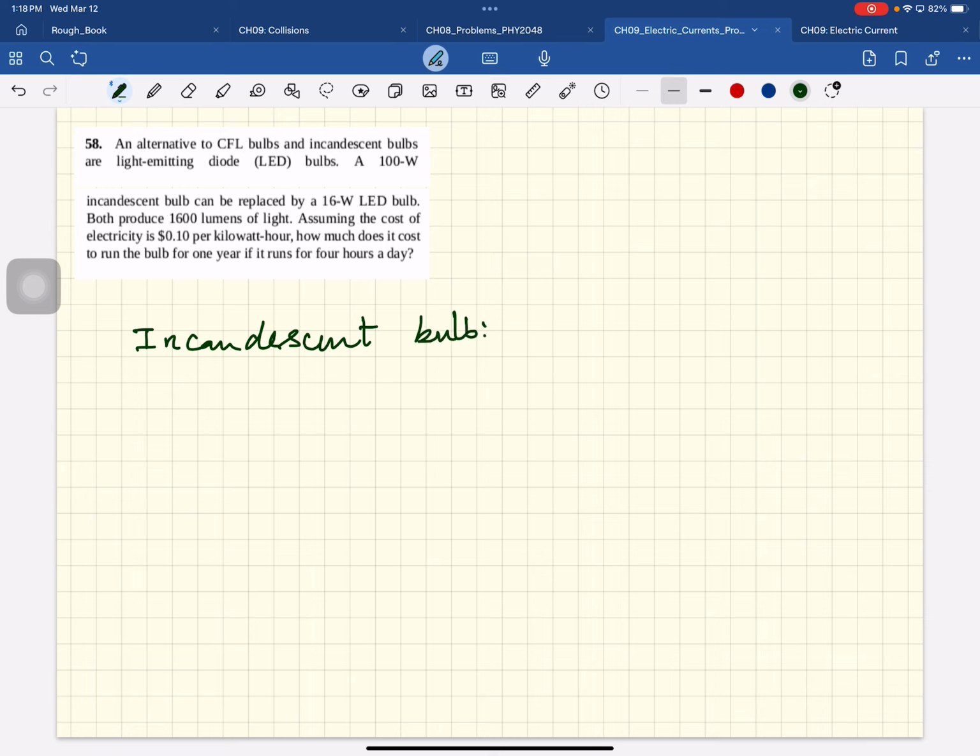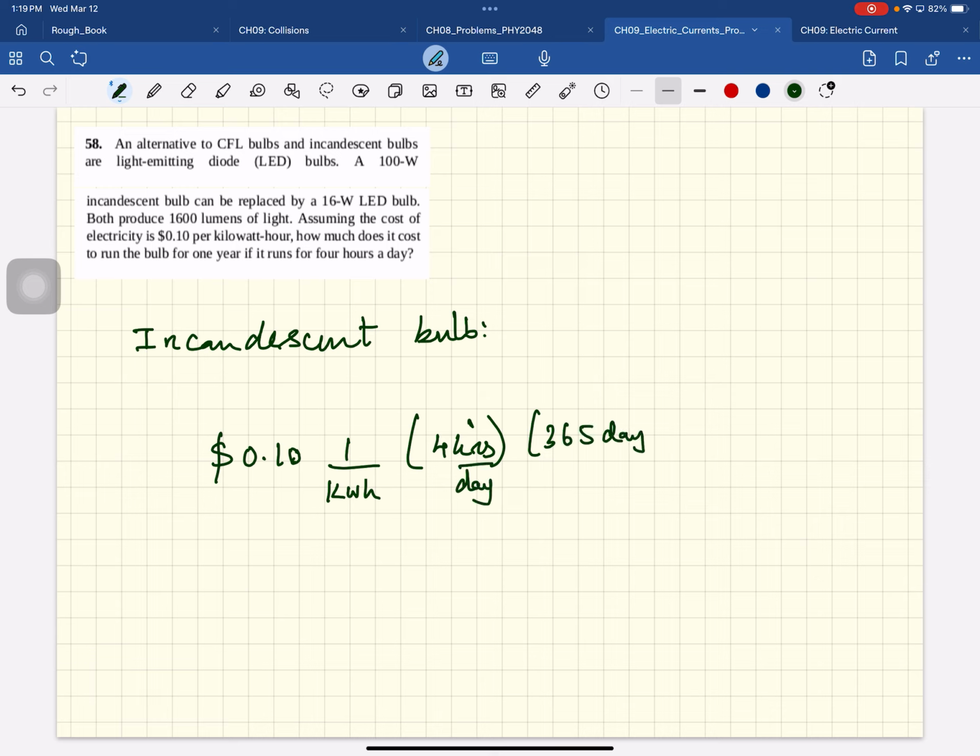Per kilowatt hour, we're going to run it 4 hours a day, 365 days, and we're going to run the 100-watt bulb. 100 watt is 0.1 kilowatt, right?